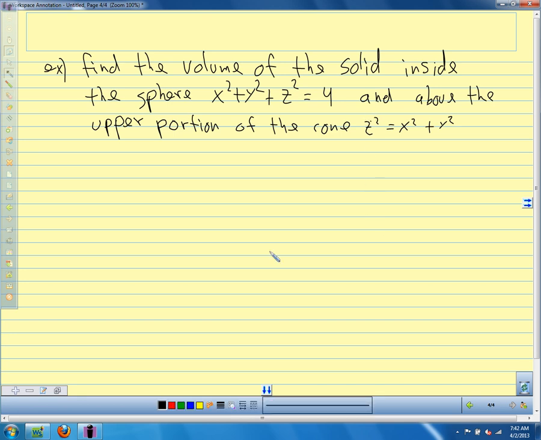I always suggest that we make a sketch of what we're talking about. So I'm going to sketch the sphere in the first octant. Here's my sphere, and my cone, which I'll do in red.